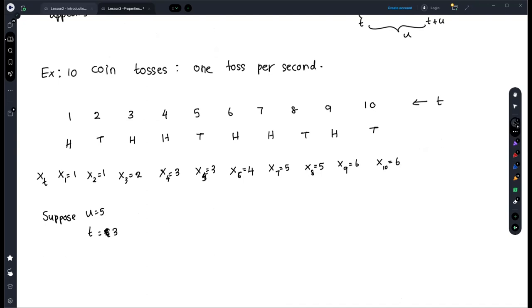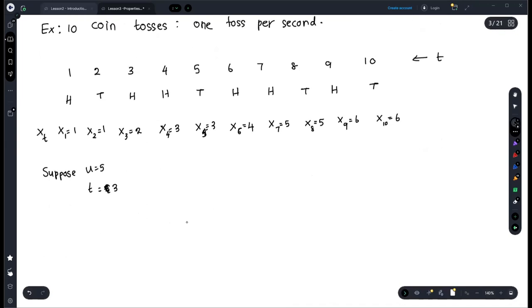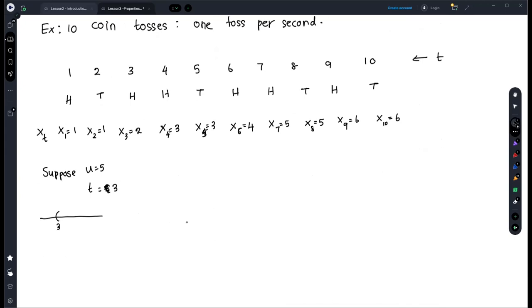Okay. So what is that interval? t equals 3 is here, right? And if you add 5 plus 3, up to 8. So you are looking at the values from t equals 3 up to t equals 8. In between you have 5 points. Okay. So this means we are looking at 3 to 8. Okay. So how do you write it?